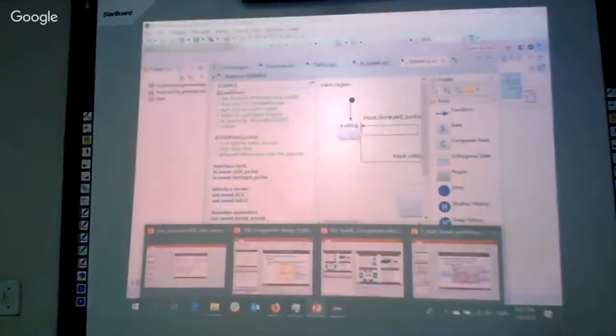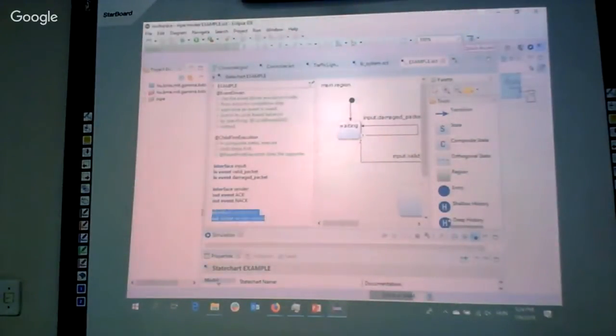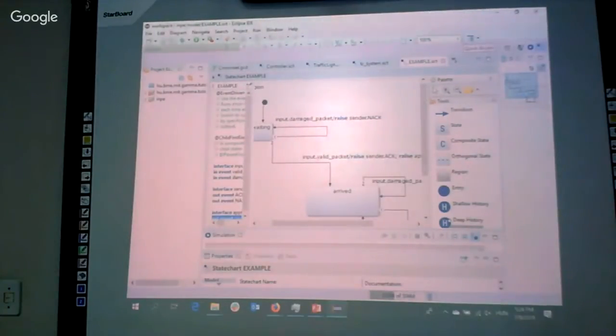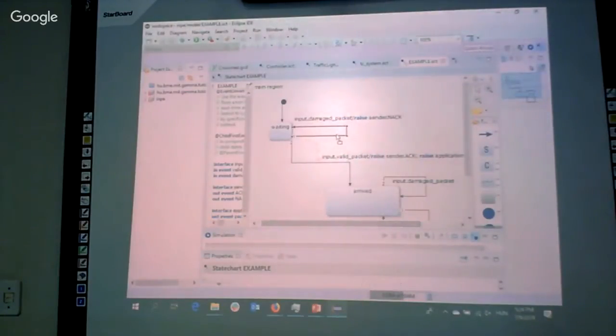And as I mentioned, we have also an interface to the application where we can depict that the packet arrived. So here is our small example, and you can use these events in your system. So for example, we received here an input damaged packet, and then we raise this NAK message to the sender.